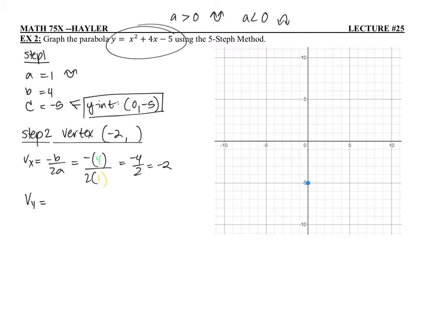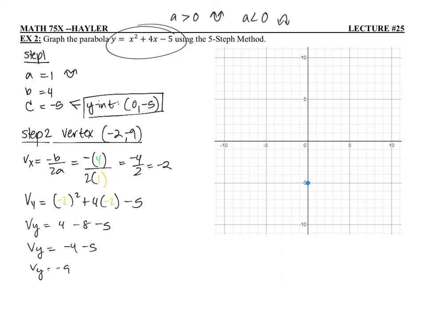Alright, so we're going to go ahead plugging in the x value. And we get v sub y equals 4 minus 8, so negative 4 minus 5. V sub y is going to equal negative 9.